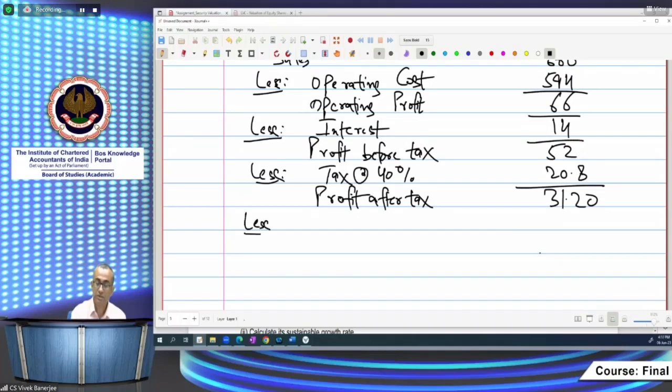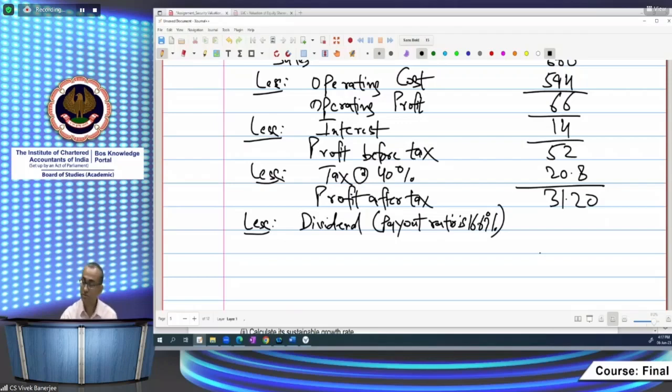So we will deduct the dividend. Payout ratio is 16.67%. So 31.2 multiplied by 16.67% is 5.20. Dividend is 5.20.